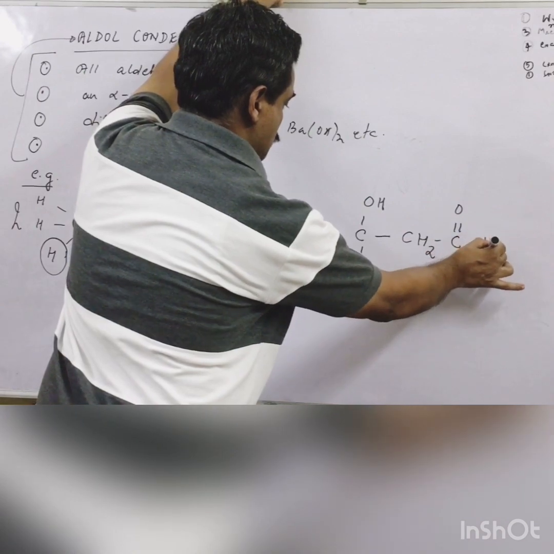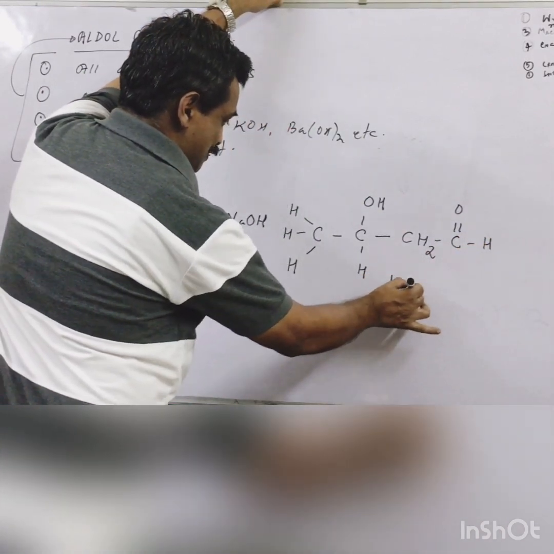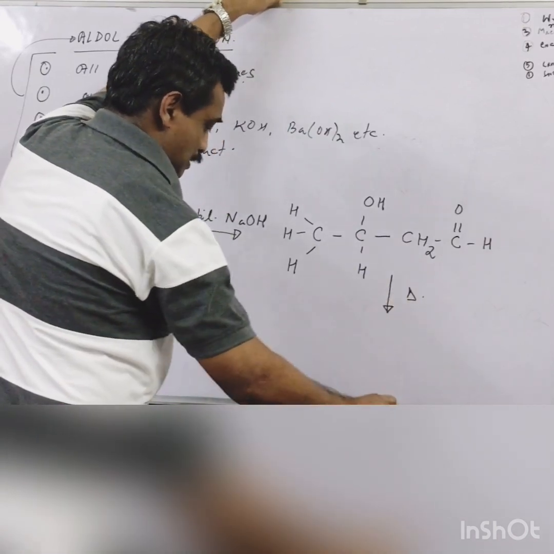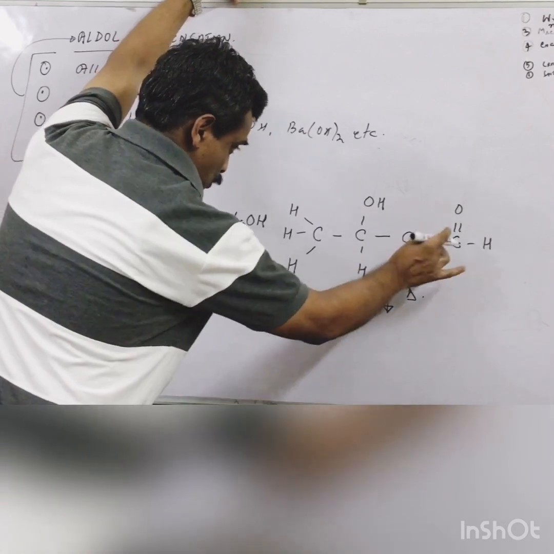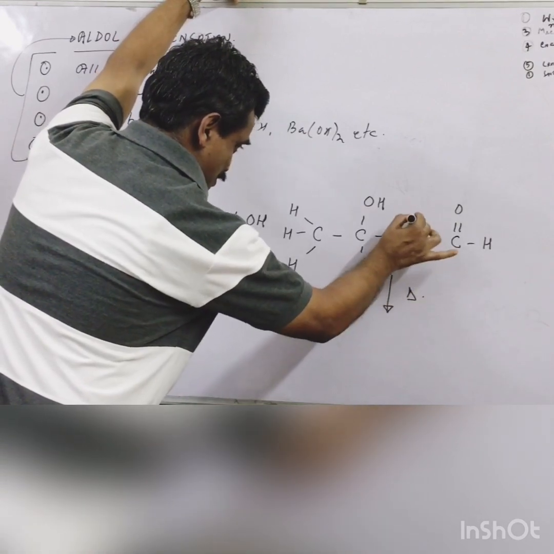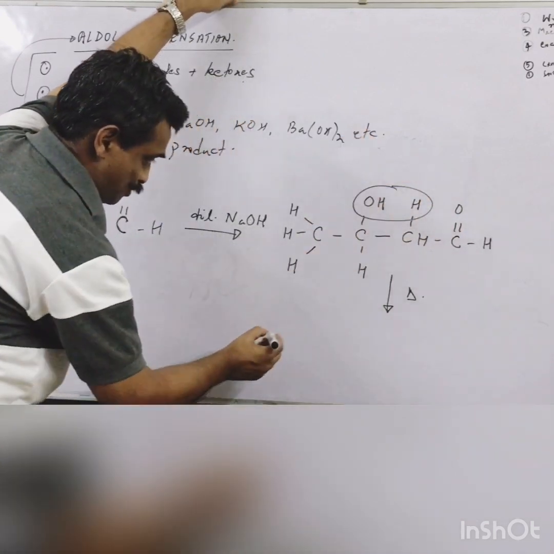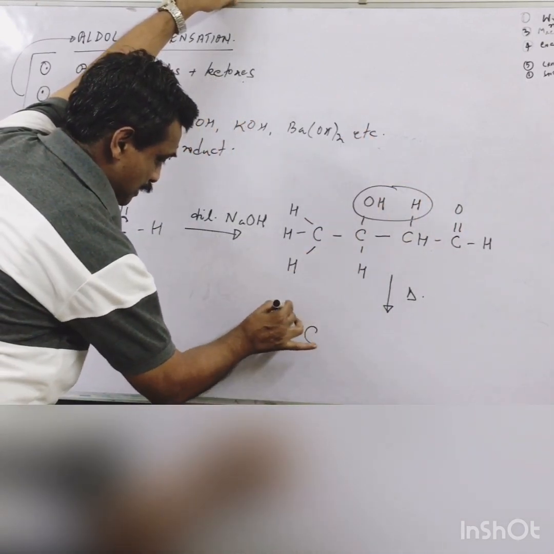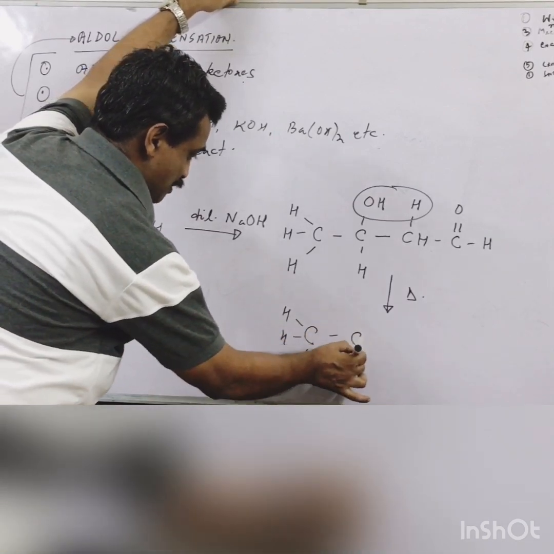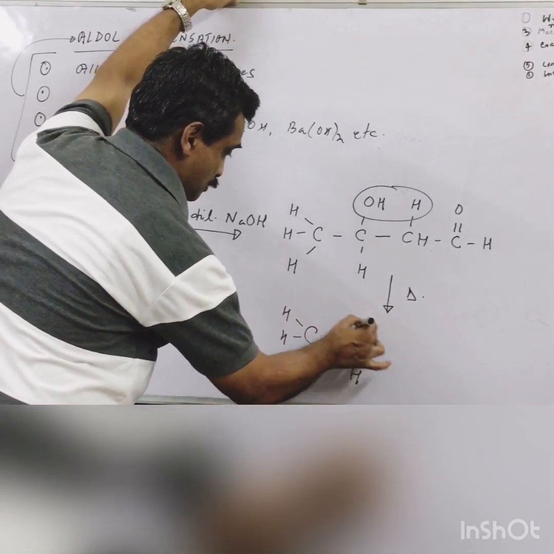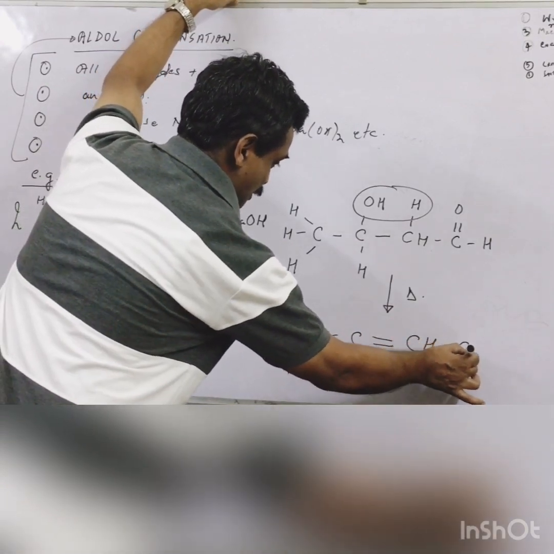A product like this is obtained, which upon mild heating is immediately converted into, you have a proton here if you can see, a product in which a water molecule is lost. CH3 is kept intact, CH is fine, one hydrogen and one OH are lost, and there is a double bond, then CH and then CHO.